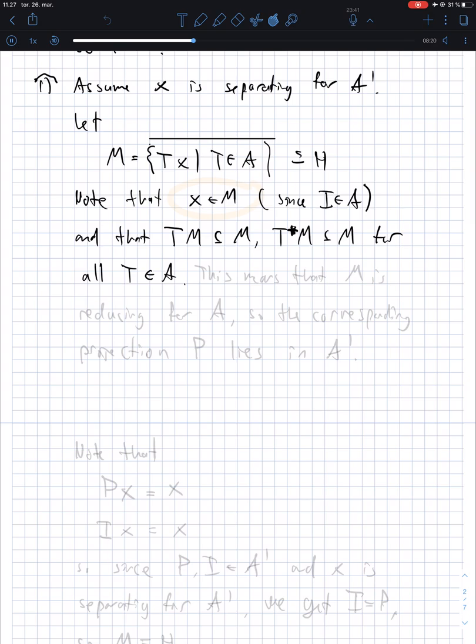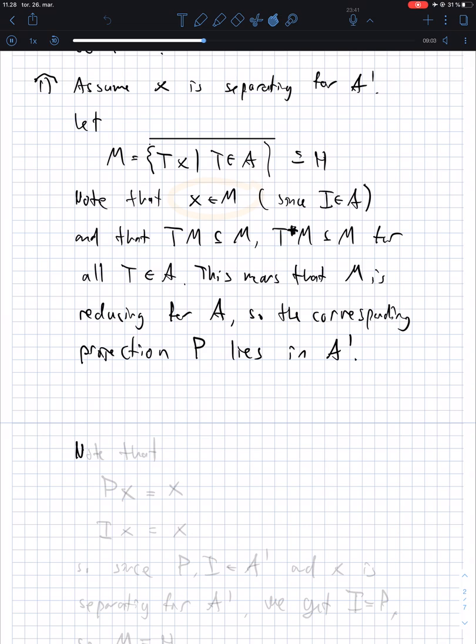We've done this argument before in another context. So this means that M is what we've called reducing for A. So the corresponding projection P lies in A prime.